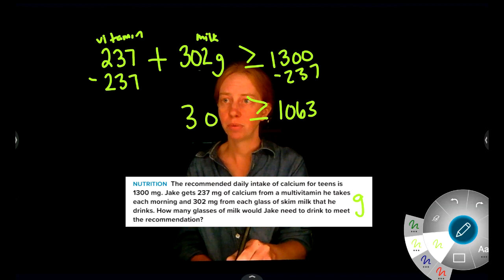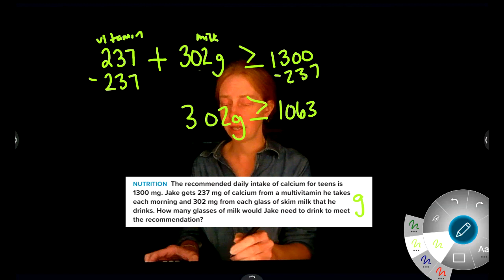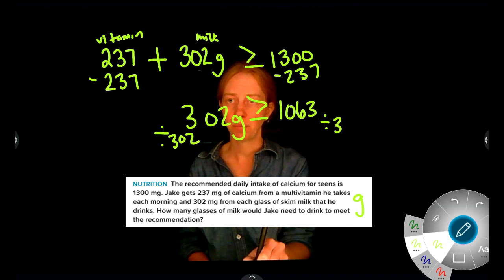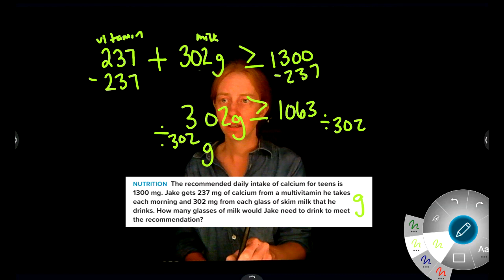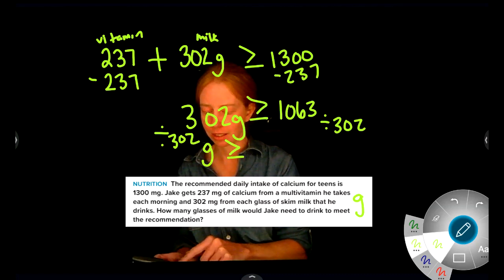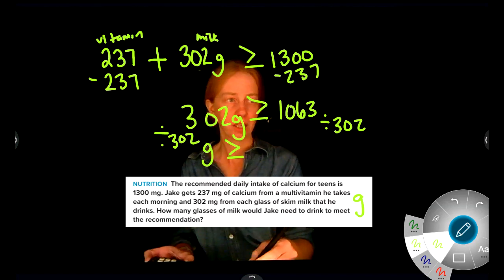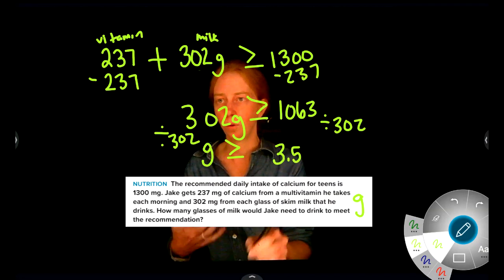That's on my face again, but I think you can still read it. You guys let me know. If you really hate it on my face, you can let me know. So now we're going to divide by 302 on both sides. So we have G is greater than or equal to whatever this number ends up. So 1063 divided by 302 is 3.5 and so on.